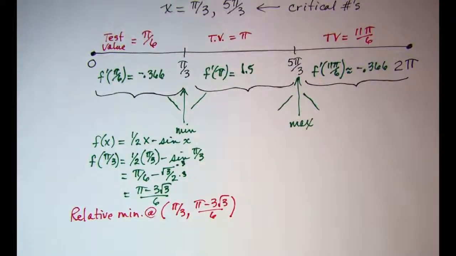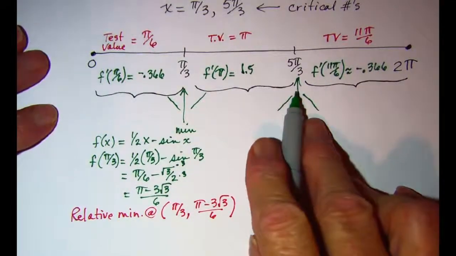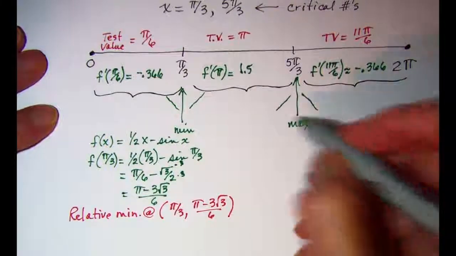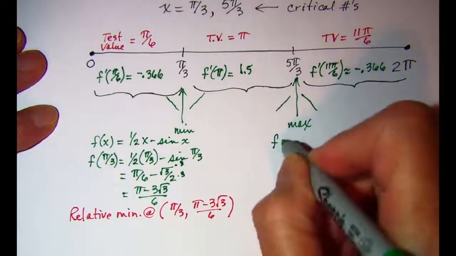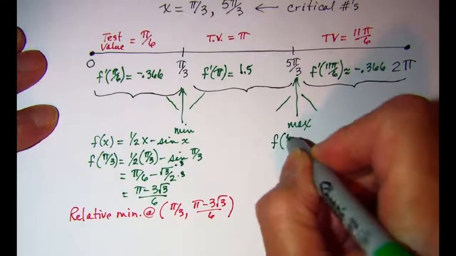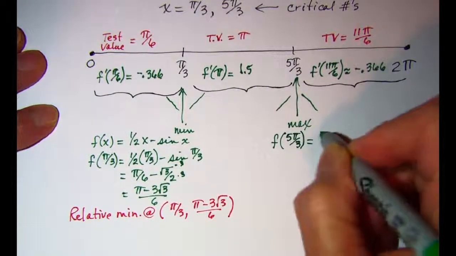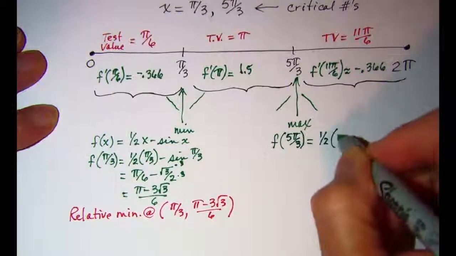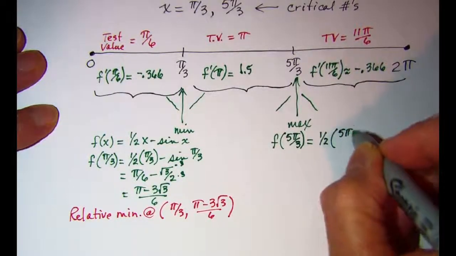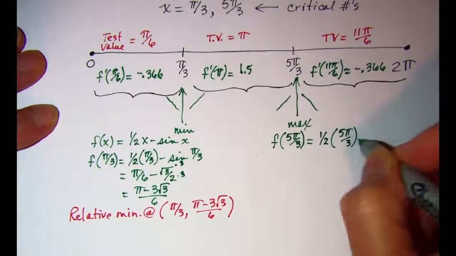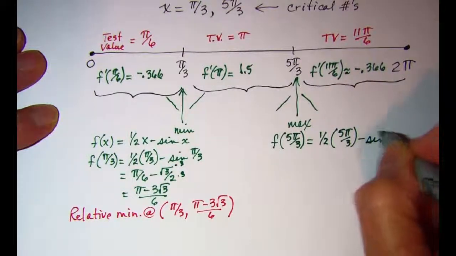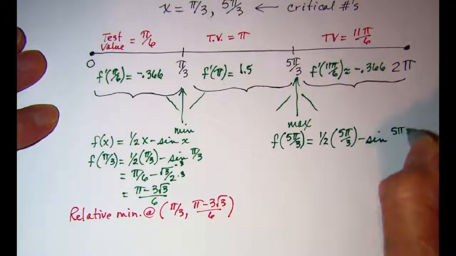Let's do the same thing for my other point here. f of 5 pi over 3 is going to be 1/2 times 5 pi over 3 minus the sine of 5 pi over 3.